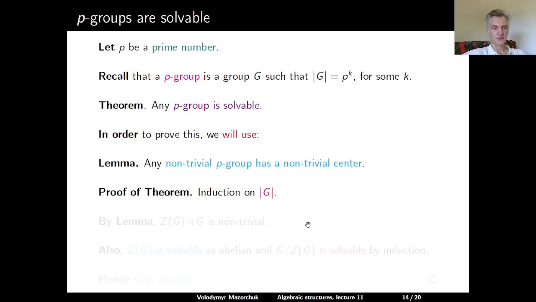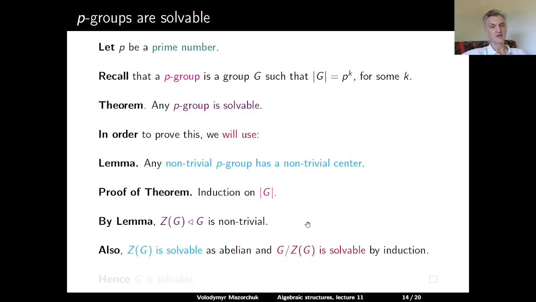So now how to prove the theorem using this lemma? We do induction on the cardinality of G. By our lemma, G has a non-trivial center. So assume that G is non-trivial, then it has a non-trivial center. The center is solvable because it's abelian.